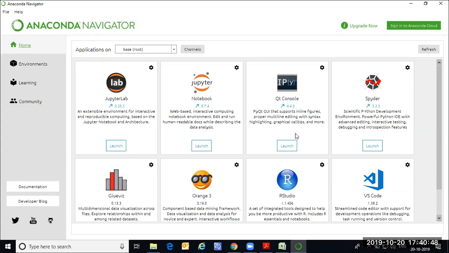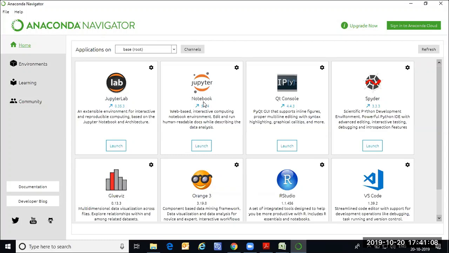But out of all this, I highly recommend you to start using Jupyter. And after that, Spyder. But start with Jupyter because this is the one highly used in the industry.